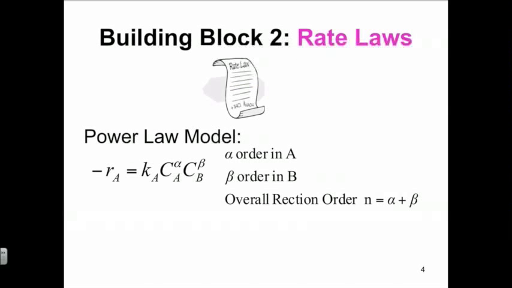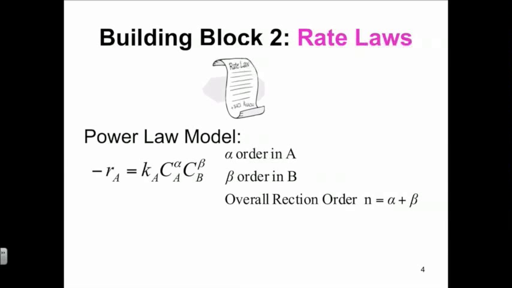But first, rate laws. This is a common model that we'll see, a power law model, where the rate of disappearance of A is equal to a rate coefficient, k_A, multiplied by the concentration of A raised to the alpha power, multiplied by the concentration of B raised to the beta power.